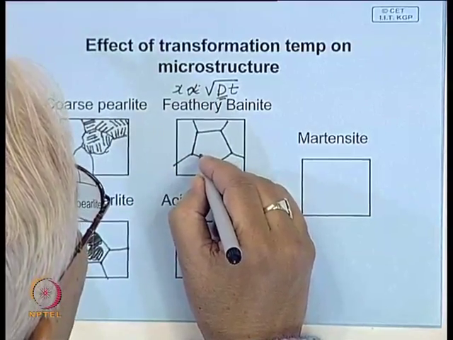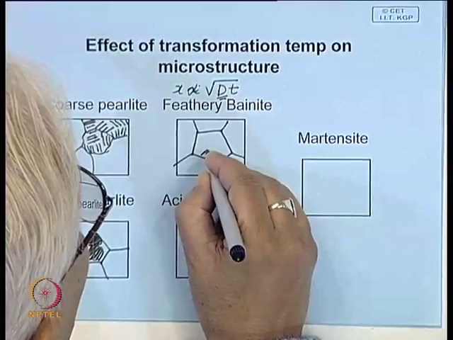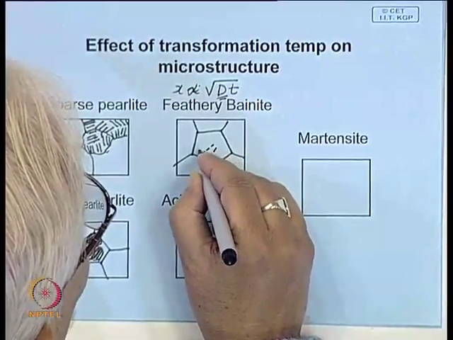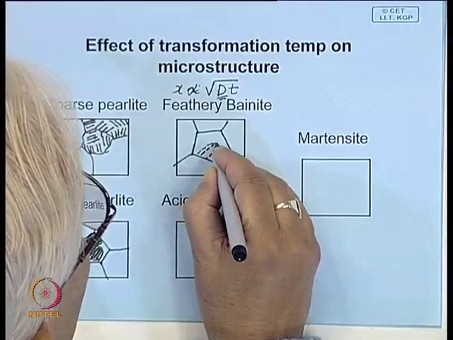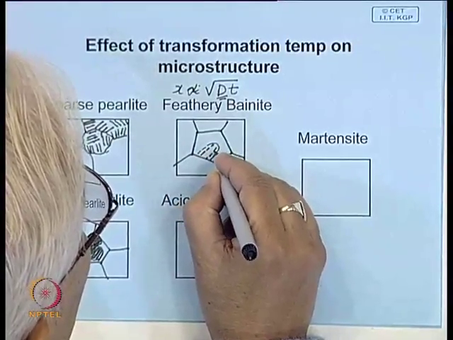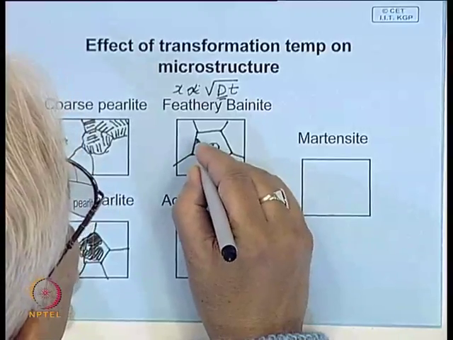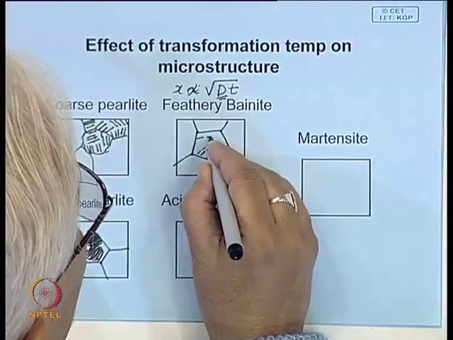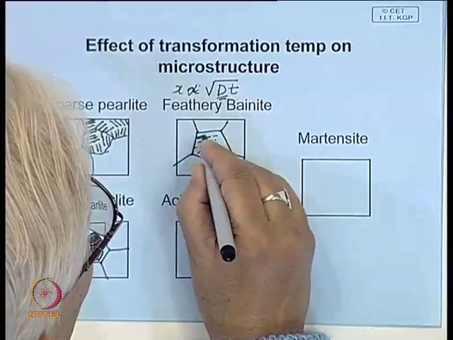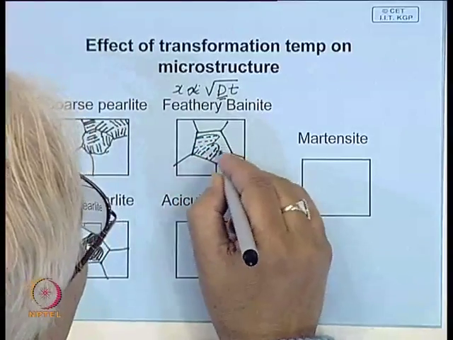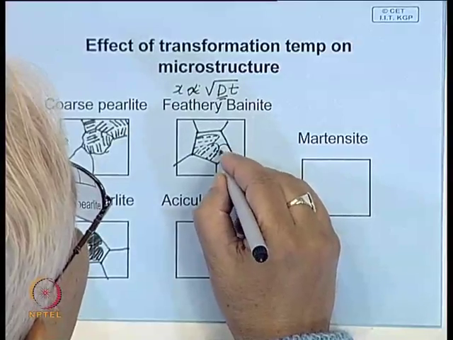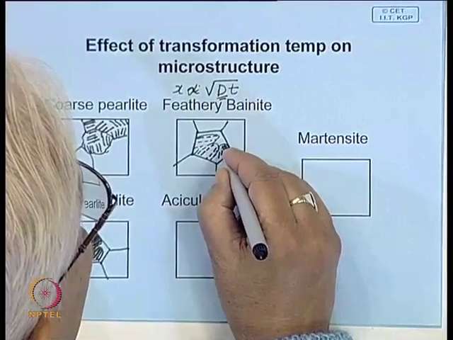So you have this cementite broken like this. Say this is a ferrite grain and these are broken carbides that you will get in that ferrite grain.